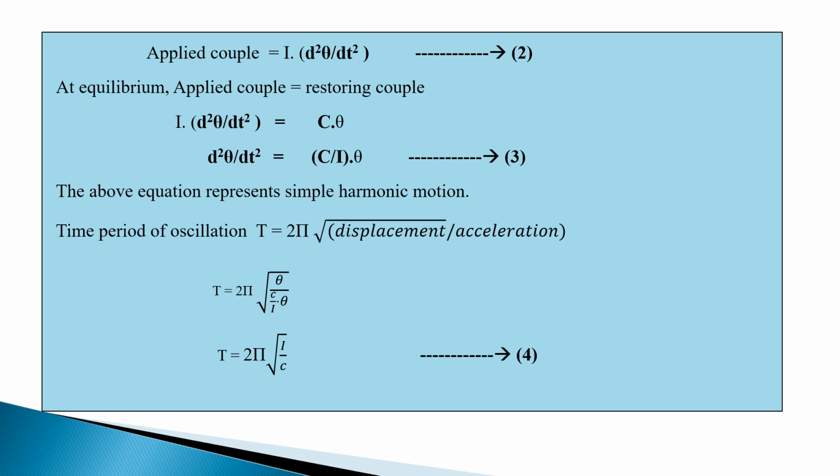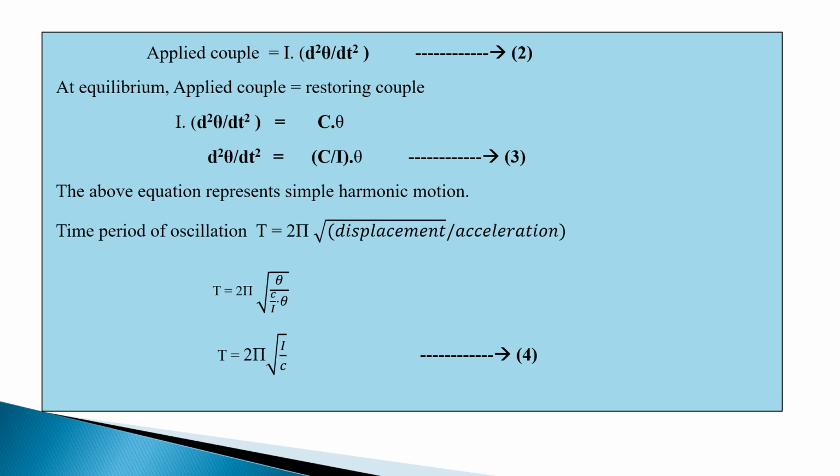For this equation, the time period of oscillation T is equal to 2 pi root of displacement by acceleration. Here the displacement is not linear, it is angular, so it is taken as theta, and acceleration is equal to C by I into theta. I got this from equation number 3, because d square theta by dt square is the acceleration, and that is equal to C by I into theta.